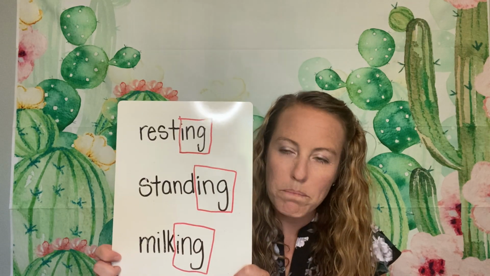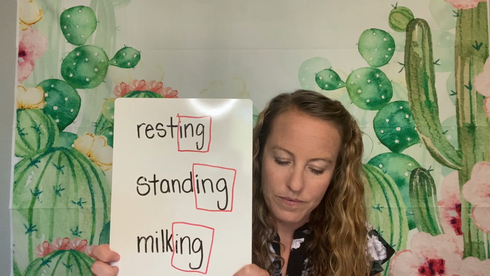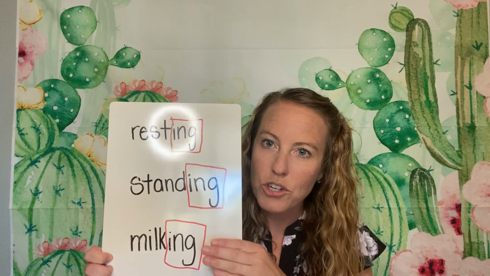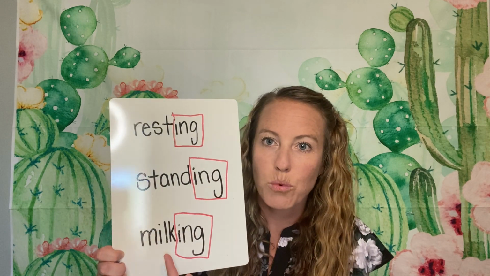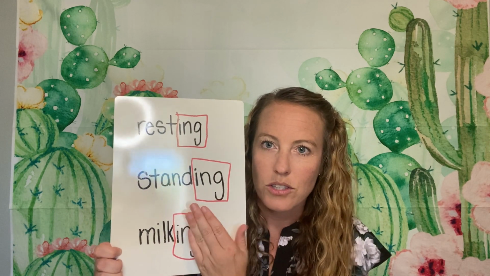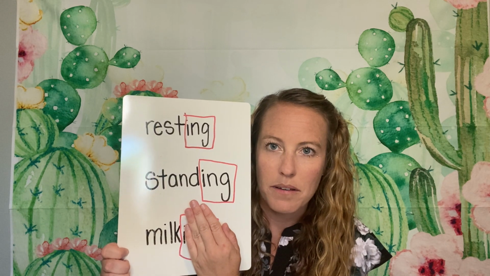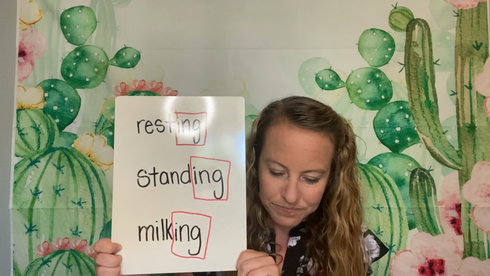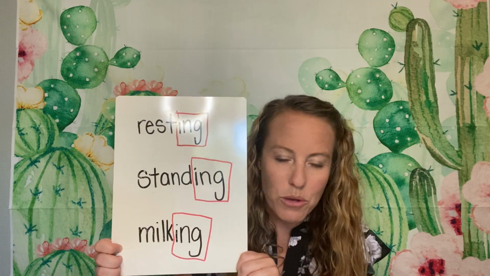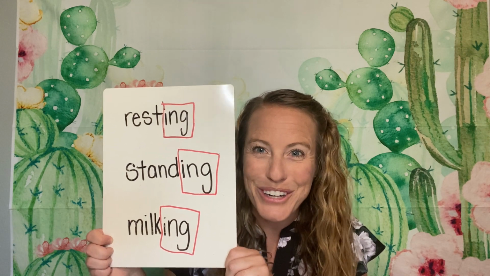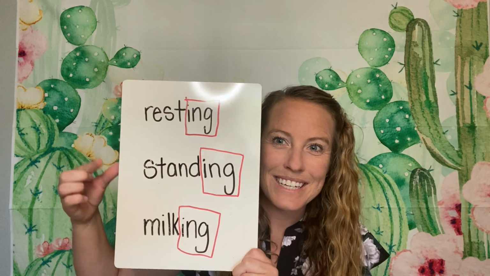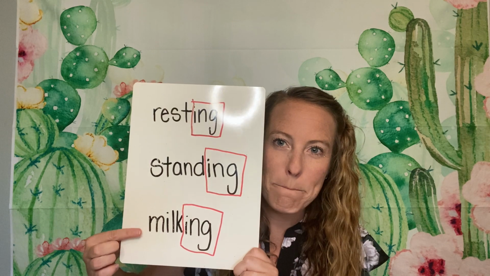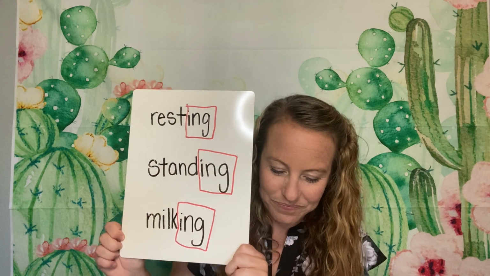What should we do after boxing a suffix? We should make sure that this root word is still here. So when we cover it up, is it still there? Milk. Is that a good root word? Yes, good job. Who can tell me the root words on all of these words? Good job. Rest, stand, milk.